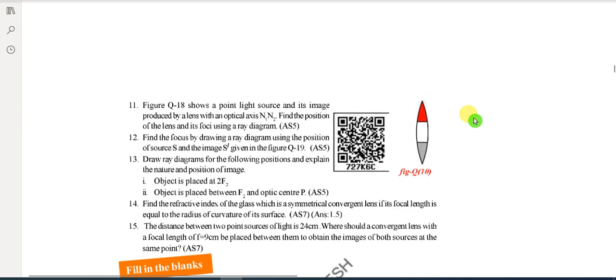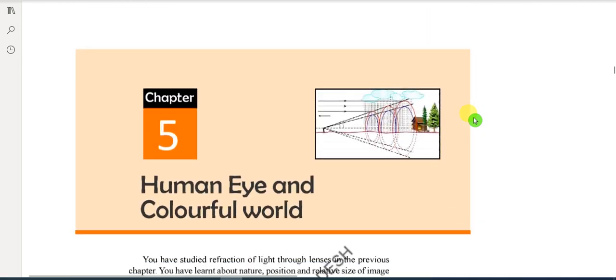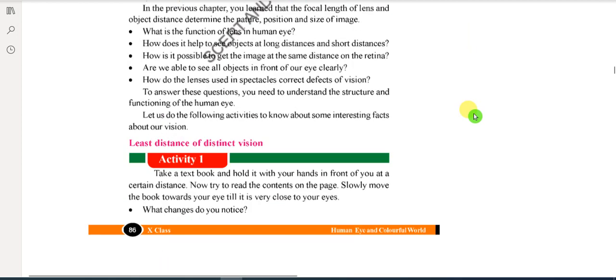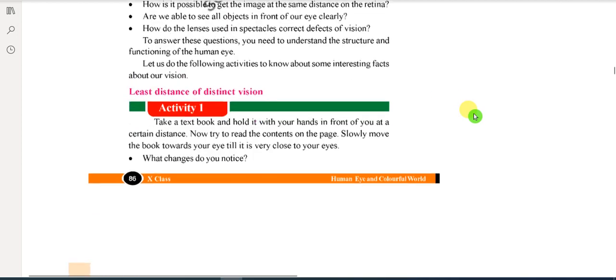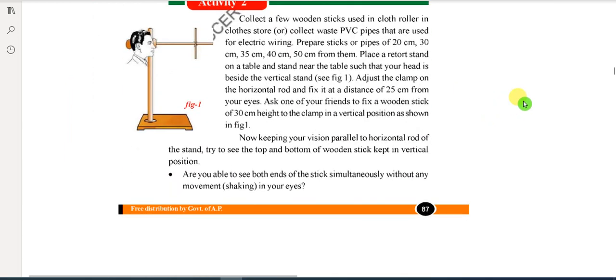Next, it is very easy. You know how many parts here? 3. Answer 3. Already you know. Yes, 5. Human eye and colorful world. Here 2 numbers are there. One is 25 centimeters.